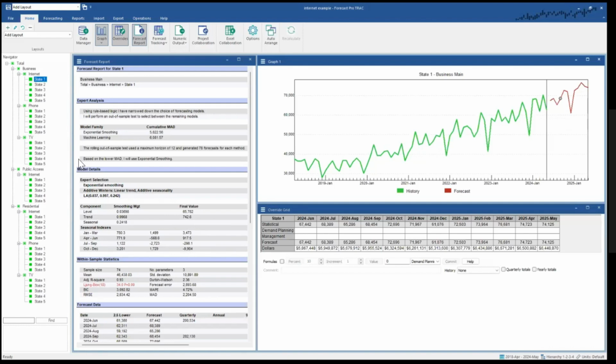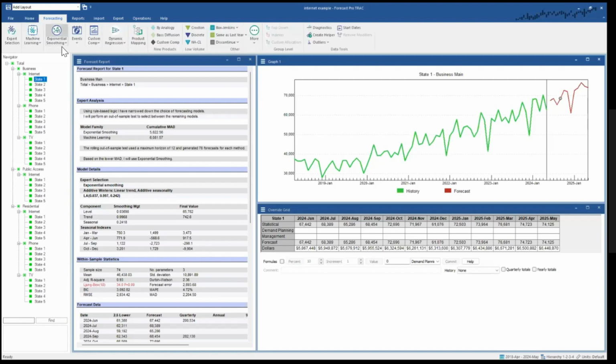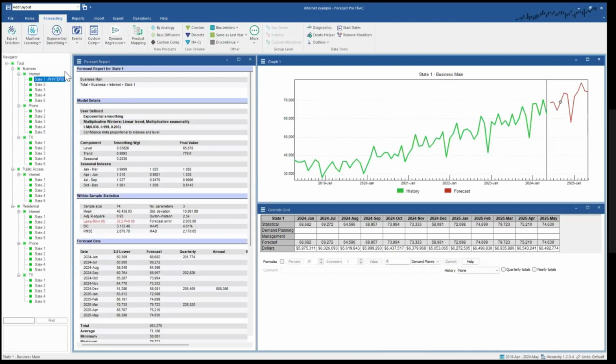And before I move to the slides, I'm actually going to change the model to be multiplicative, just because the slides talk about it and I want to make sure you understand the different approaches. So what I've done is to specify that I want to use a Winters model, and that's a multiplicative model. It has changed the forecasts a little bit, but not a lot.